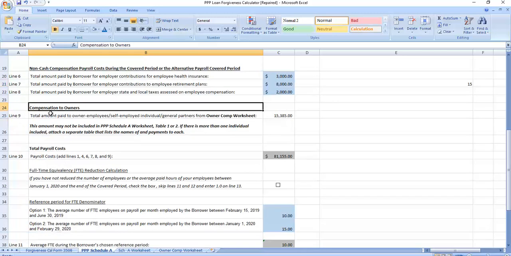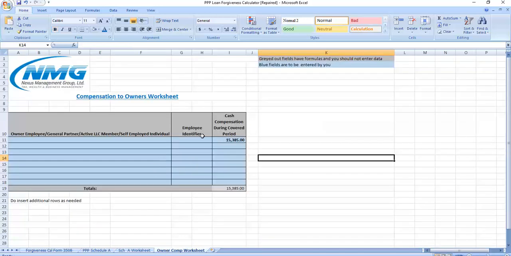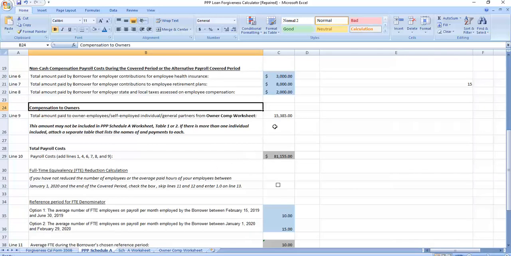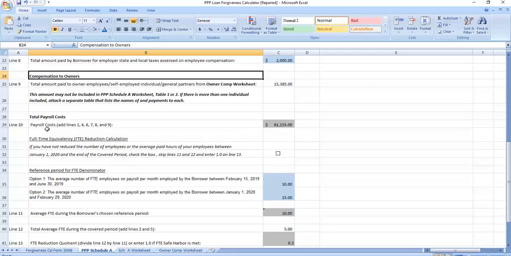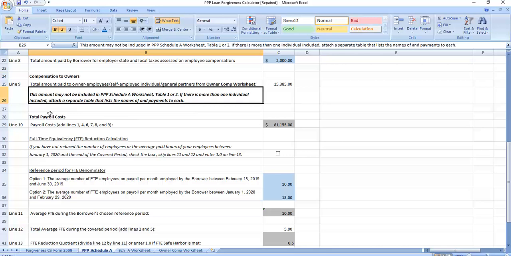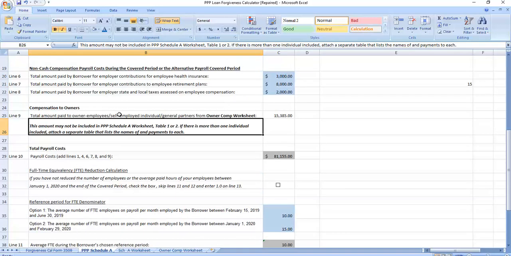And then you could see compensation to owners. As I mentioned, this comes in from our separate worksheet here. It goes in here. The amount may not be included in PPP Schedule A worksheet table 1 or 2 if there is more than one individual included. Attach a separate table that lists the names of and payments for each.